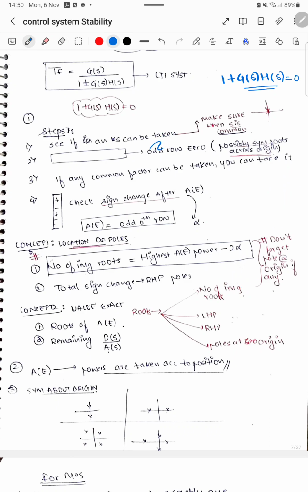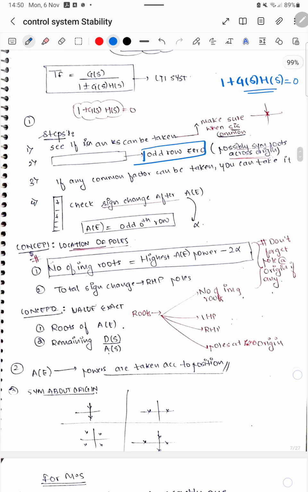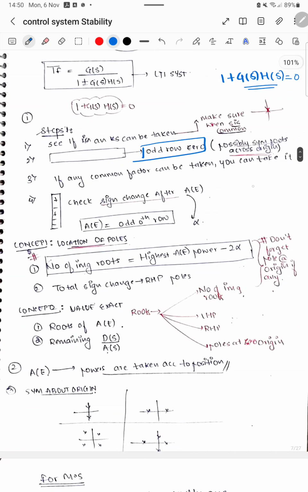We will check for an odd row which is 0. From there we will get to know the order, which will give us possibly those many roots lying on the imaginary axis. Okay, where do they lie and what is their exact value, we'll get to know much later. But what we can know is two things from odd row 0.